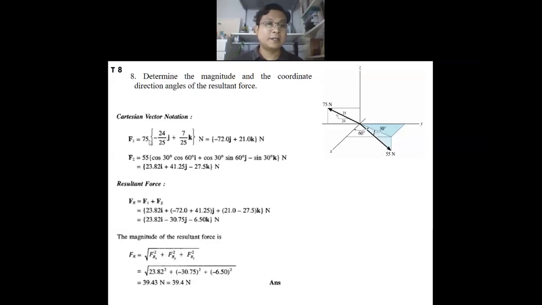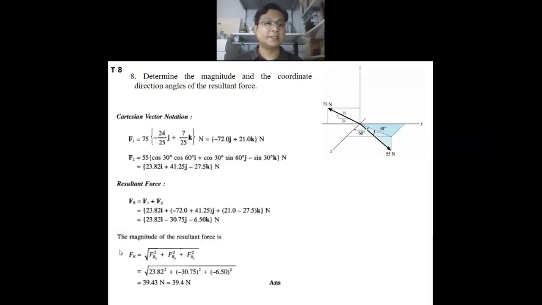So I from F1 and F2 here, and because I in F1 is 0, only put the F2 here. And how about J? J is negative 72 for F1, and then 41.25 for F2, and so on until F3. So that we can calculate the resultant.